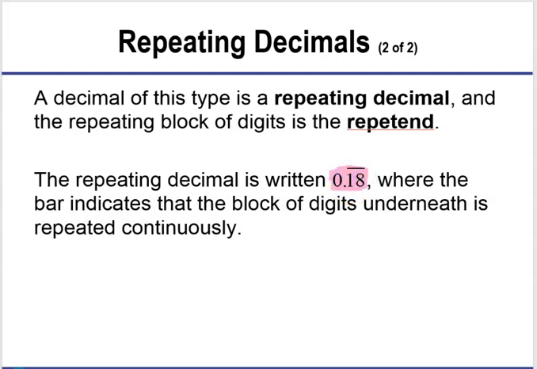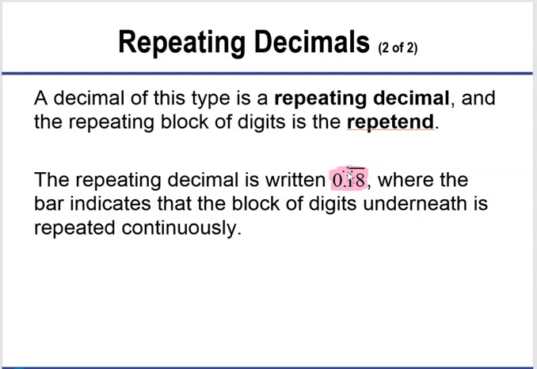That means, again, the 18 repeats continuously. If the bar was just over the 8, then the decimal would be 0.188888. So make sure you pay close attention to what digits are under the bar, and that's the repeating part. The repetend, where the bar indicates that the block of digits underneath is repeated continuously.